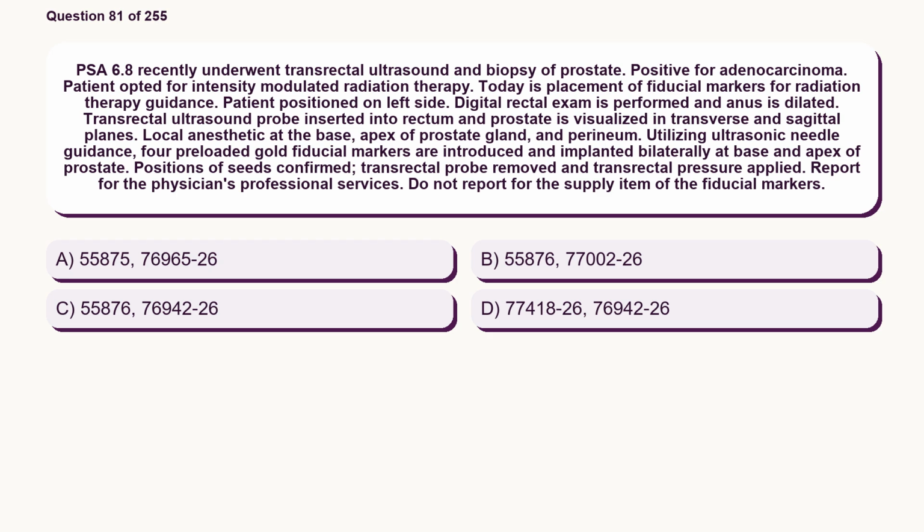Local anesthetic at the base, apex of prostate gland, and perineum. Utilizing ultrasonic needle guidance, four preloaded gold fiducial markers are introduced and implanted bilaterally at base and apex of prostate. Positions of seeds confirmed, transrectal probe removed and transrectal pressure applied. Report for the physician's professional services. Do not report for the supply item of the fiducial markers.